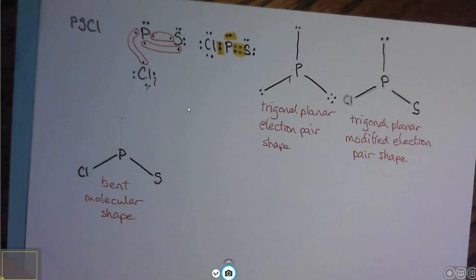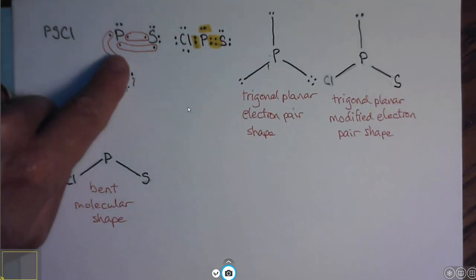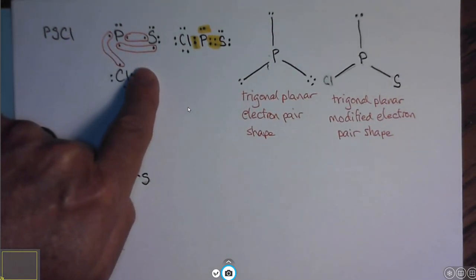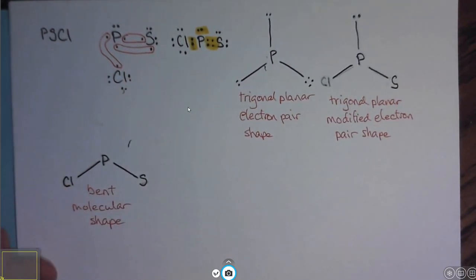So do we need to do more molecular shapes, or do you want to see the process and that's it? Yes. I have a question. When you do the first step where you share, does it always equal 8 on each atom? Except for hydrogen, almost always yes.